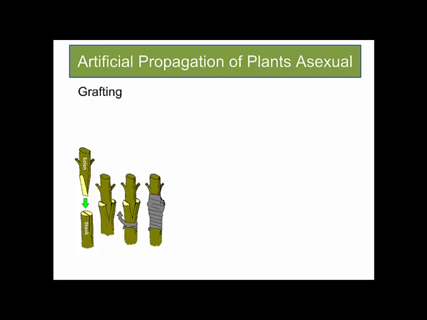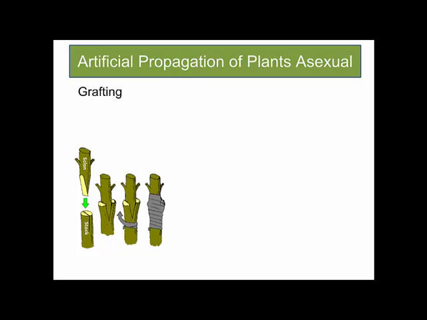There are some interesting things that you can do related to this. It's called artificial propagation. You can take a plant and take the base that has the roots, cut it, and make a little slit in it. Then you can take another species of plant, cut it into a blade shape, and insert it into the stock.